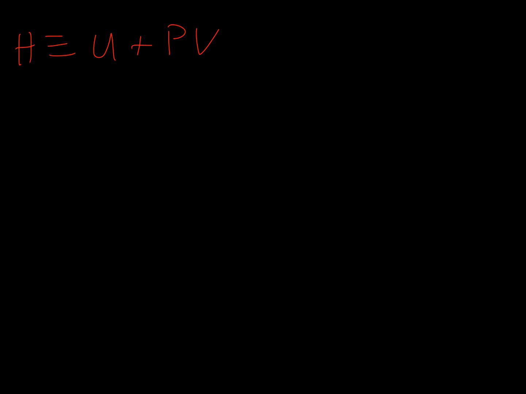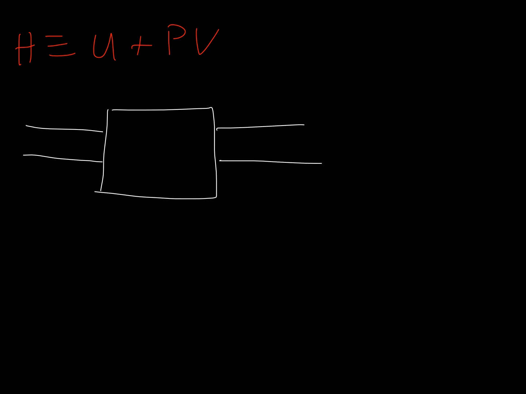If we draw out an open system, we have a pipe coming in, a system, and a pipe coming out. The reason we care about enthalpy is that the matter in the pipe will not spontaneously go into the system. It has to be pushed.